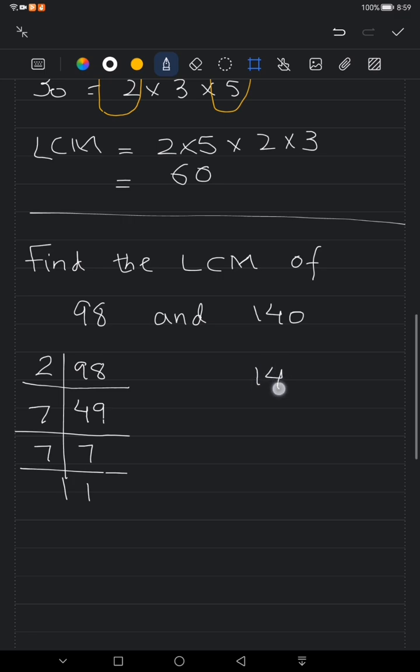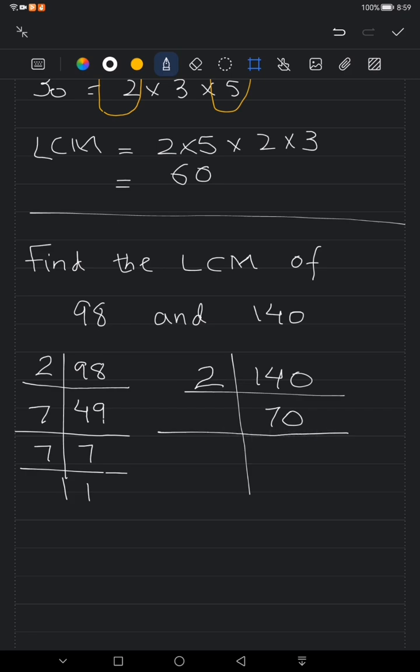Now let's do prime factorization of 140. 140 is even, so I'm going to divide it with prime factor 2. 2 times 70 is 140. 70 is again even. I'm going to divide again by 2. 2 times 35.